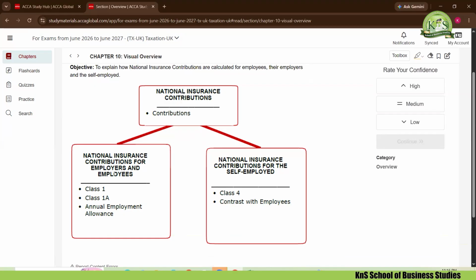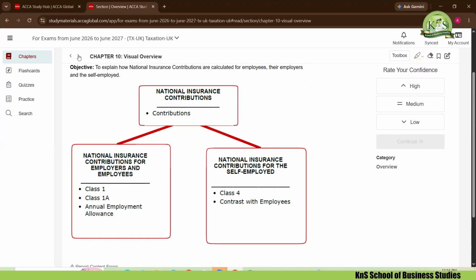For employer and employees, class 1 NIC is there, and class 1A is only for the employer. Then there is an employment allowance. This is for the employer, which reduces his liability. If a person doesn't do a job, he is self-employed, so he will pay class 4. So the categorization has been done and there should be no confusion in this.